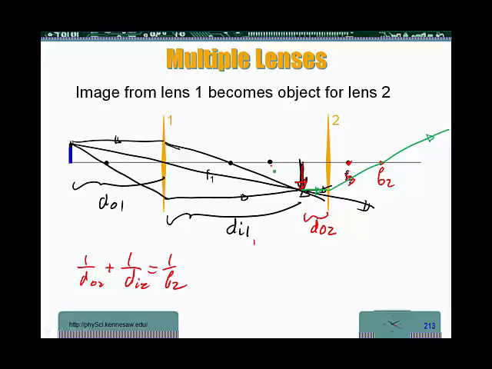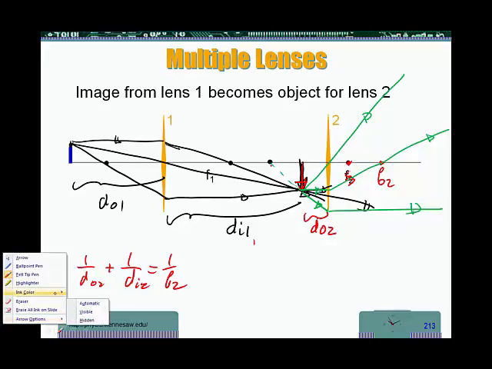Now, a beam that looks like coming from the focal point is going to continue straight here. And the beam through the center of the lens is going to continue straight as well. Notice these beams are not going to meet there.